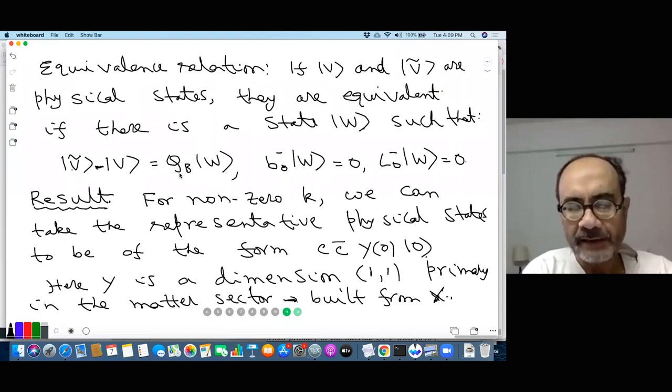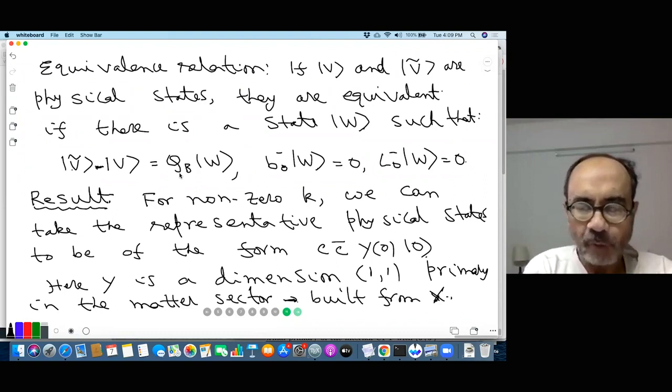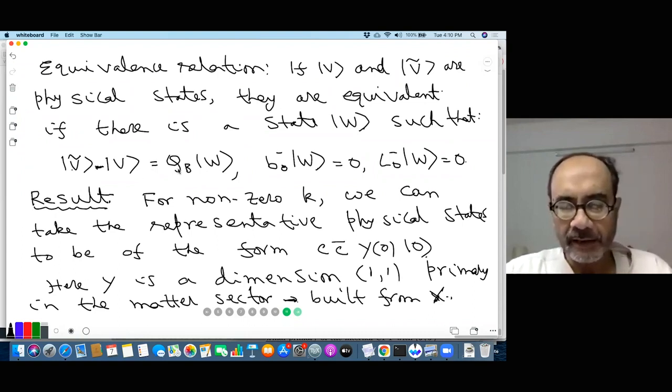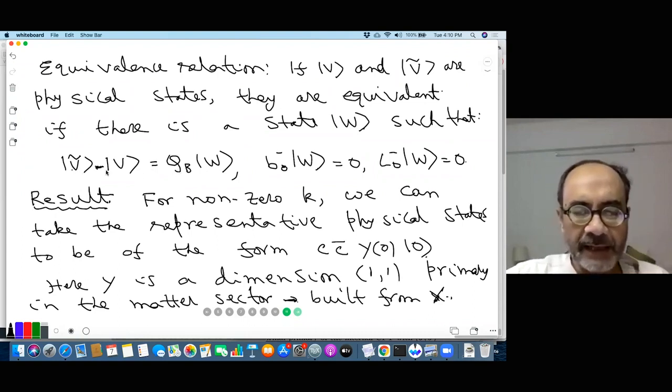So you define the equivalence classes of differential forms as the set of closed forms modulo exact forms. And this is in a very similar spirit. And this of course is all consistent only because QB is nilpotent. Because if V tilde and V are both annihilated by QB, then clearly this has to be annihilated by QB, and that's possible because QB squared is 0. So nilpotence of QB is essential for even defining the BRST cohomology.